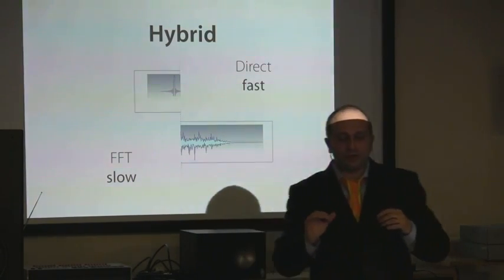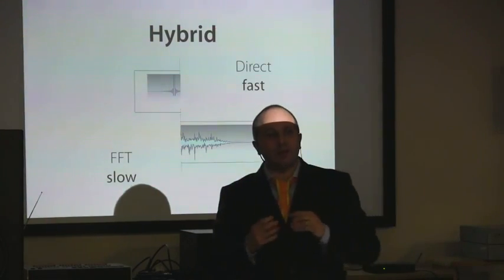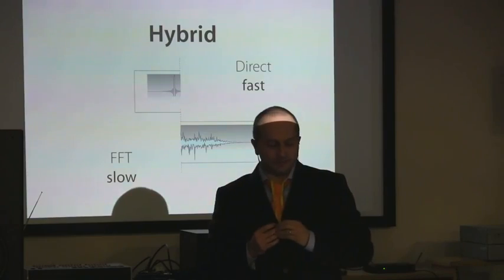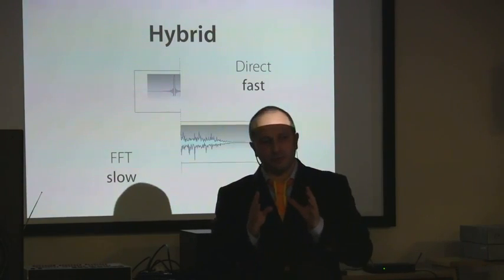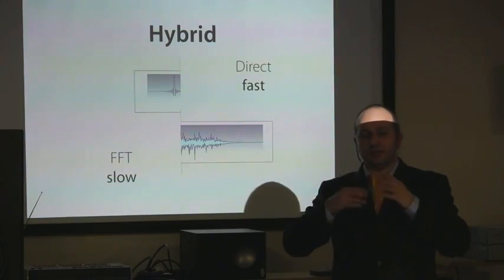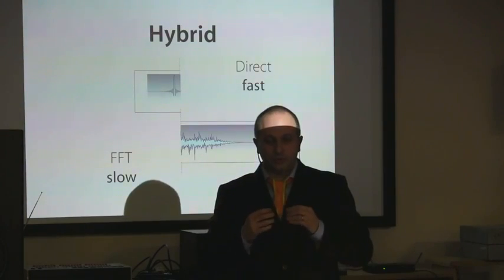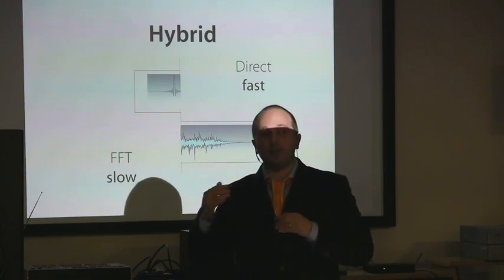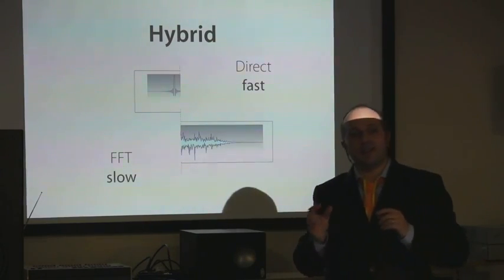But when you are using the fast Fourier transform, you are trying to minimize the CPU load. So you are working in blocks. You can change your response, your kernel, while it's playing, but you should wait for the next incoming block. So you are a bit forced to the block size.